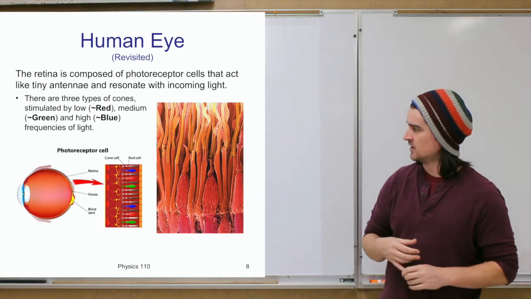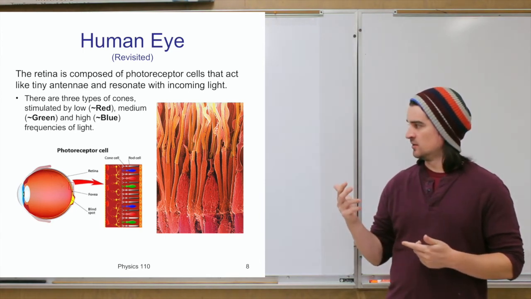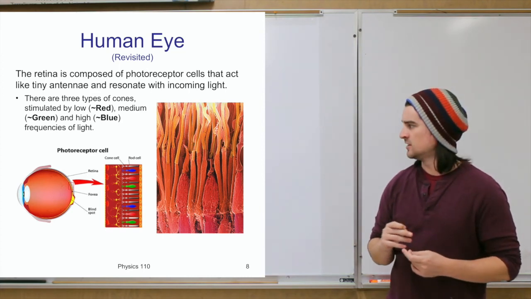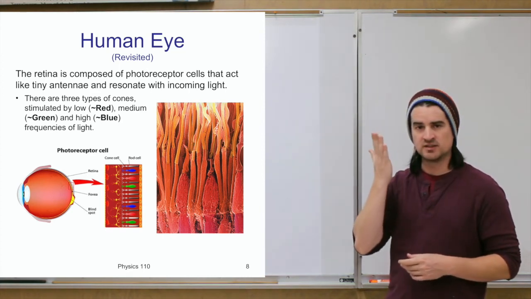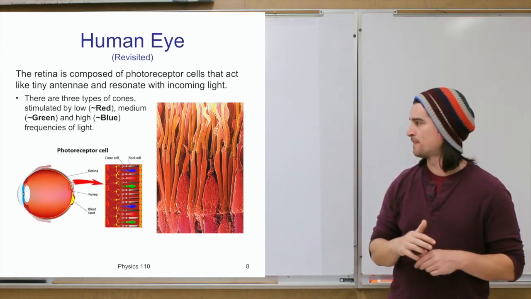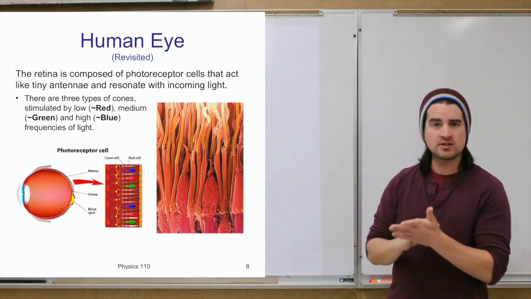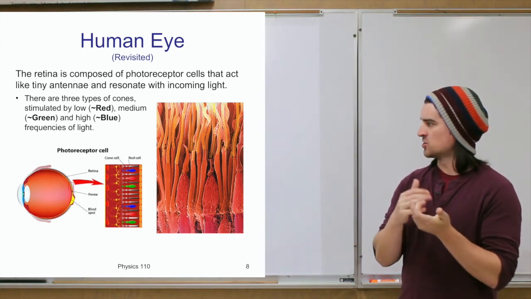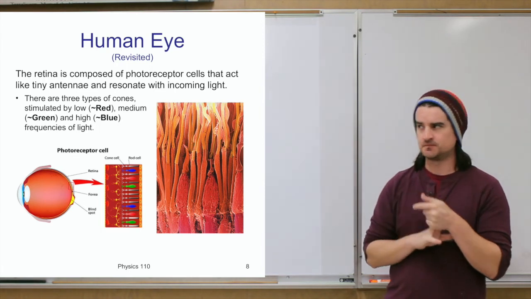I told you last time that the part of the eye that actually collects light is on the retina, and it's these photoreceptor cells, the rods and the cones. And I also told you that the rods are basically just light and dark, whereas the cones distinguish color.